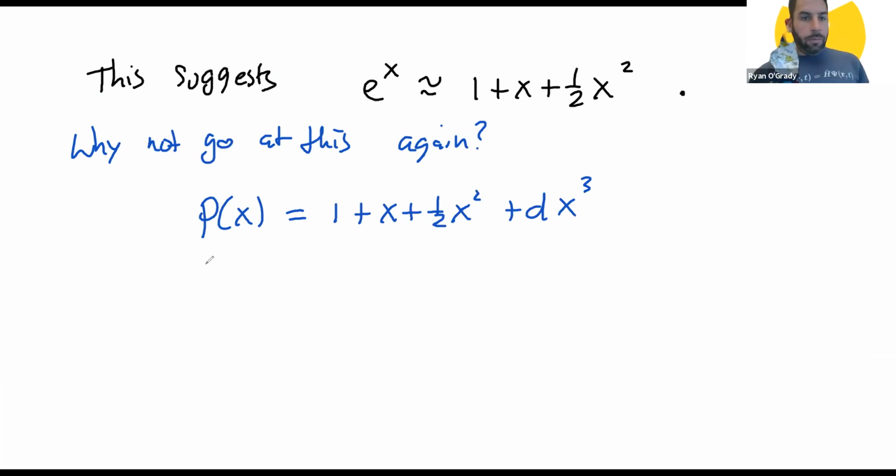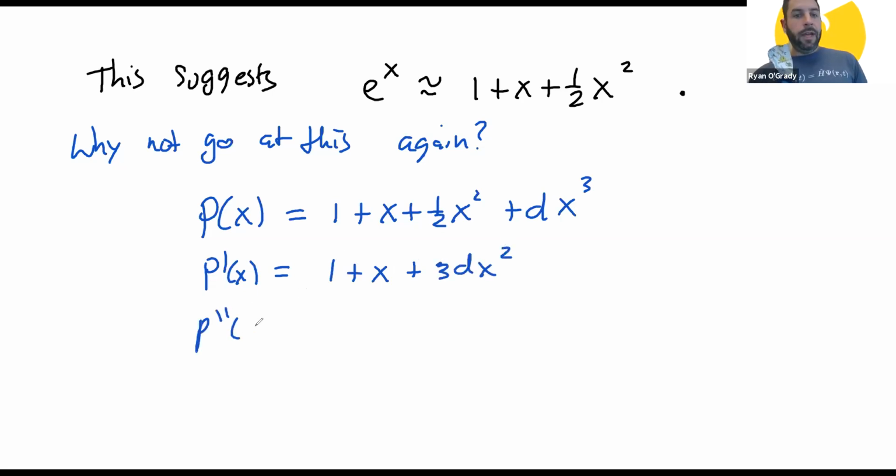Well, so we know that P prime, of course, is going to be 1 plus X plus 3dx squared. The second derivative would be 1 plus 6dx. And then the third derivative, which I'll use this notation, is just 6d.